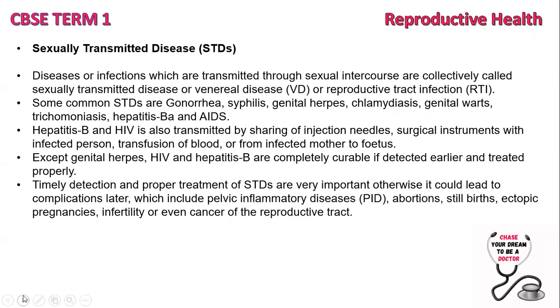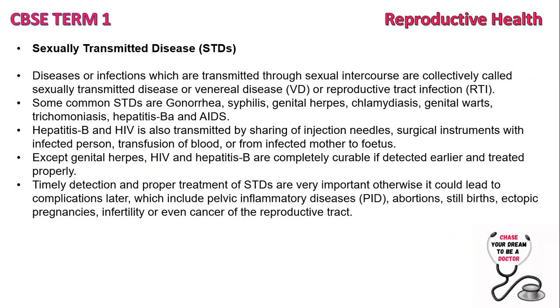Okay, so what are the points that come under STDs, or sexually transmitted diseases? These diseases are caused due to sexual intercourse, and they are also known as venereal diseases or reproductive tract infections. Some of the common STDs are gonorrhea, syphilis, genital herpes, chlamydiasis, genital warts, trichomoniasis, hepatitis B, and AIDS. Hepatitis B and HIV are also transmitted by sharing injection needles and surgical instruments with infected persons, transfusion of blood, or from an infected mother to the fetus.